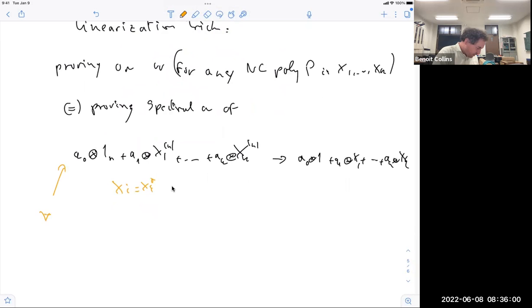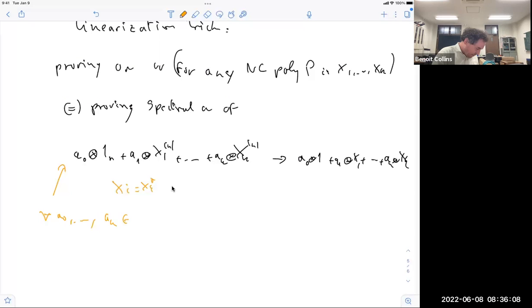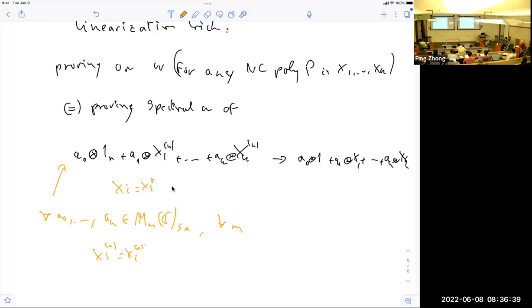This should be for every A0, ..., AK, M by M matrices, self-adjoint, for any dimension M. I'm also assuming that the xi^n's are self-adjoint and belong to a finite matrix algebra.